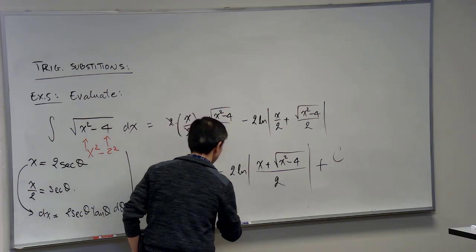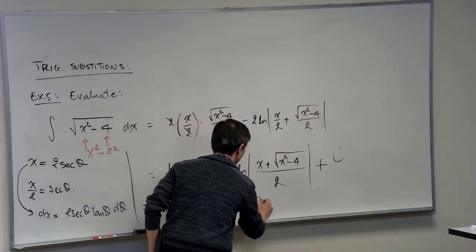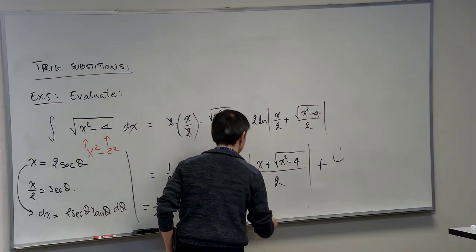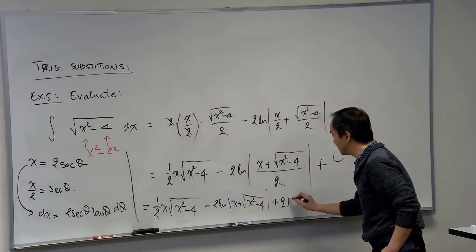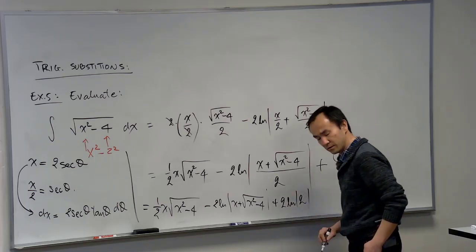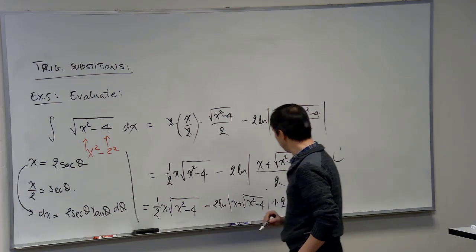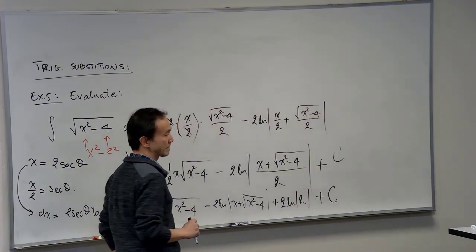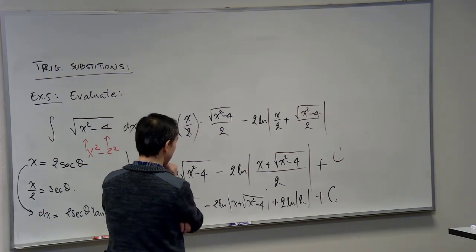We're subtracting 2 natural log of the x plus square root of x squared minus 4. Okay? And then plus a 2 times natural log of 2. And then plus c. Agree? Okay, so how did that happen?